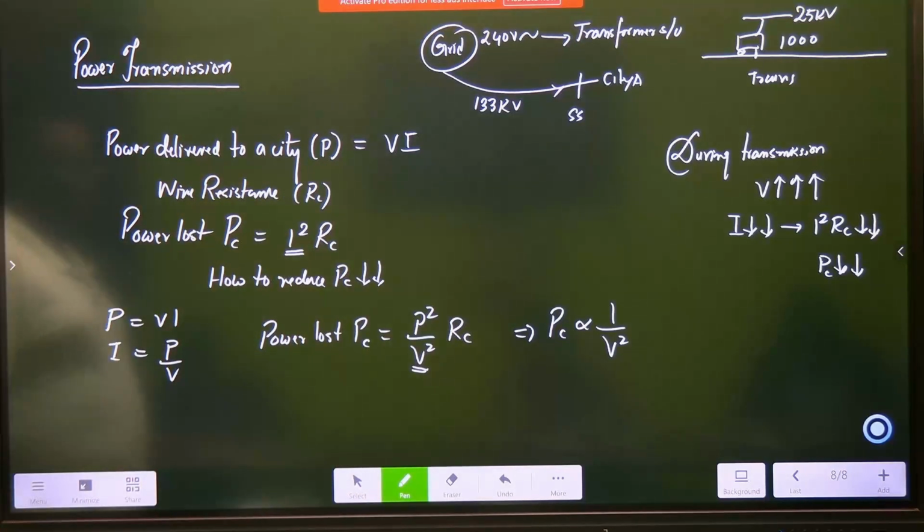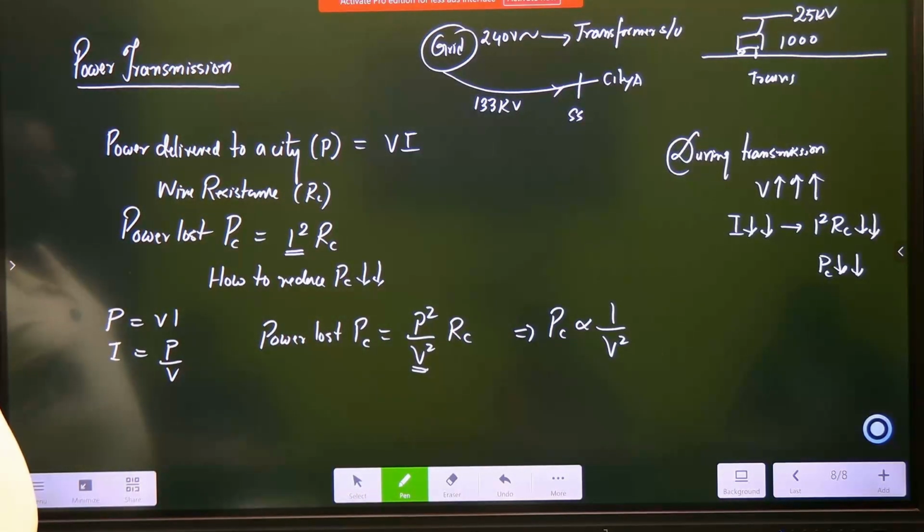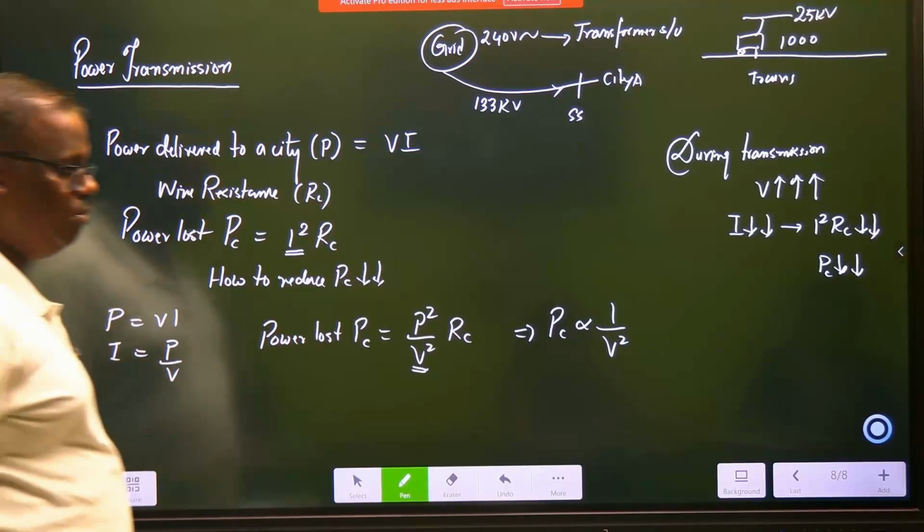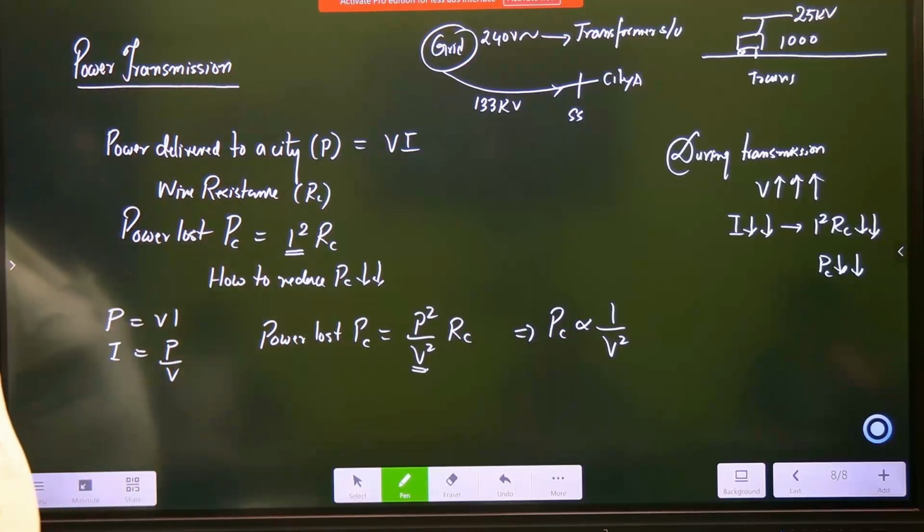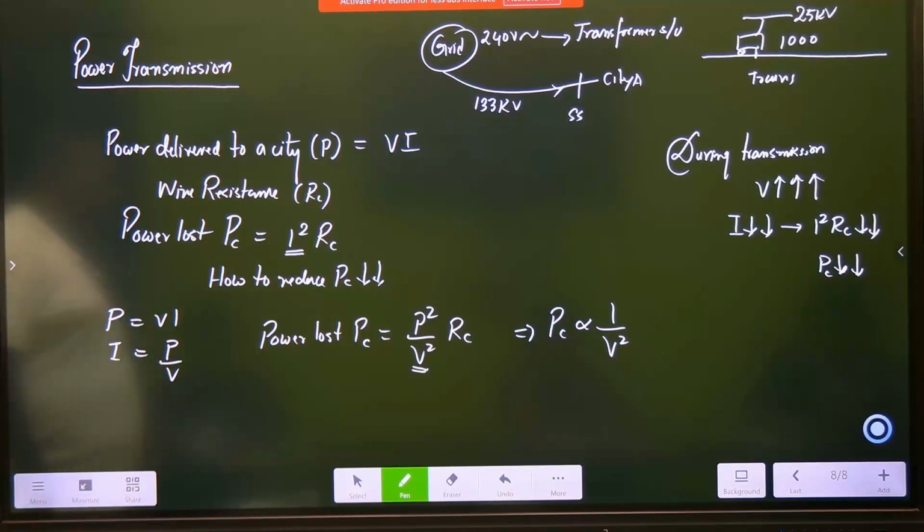So increase the transmission voltage, and reduce the power loss due to heat. So if you use high voltage for transmission, that is ideal. Otherwise, the wire will heat up very quickly.